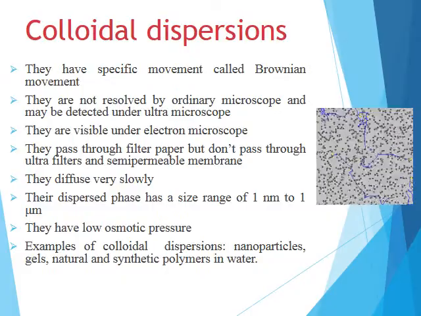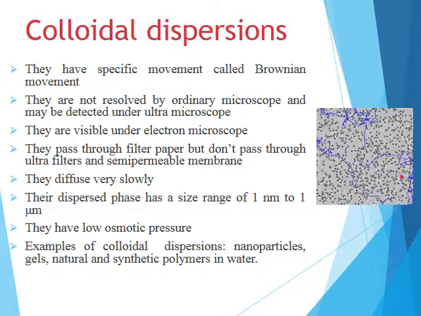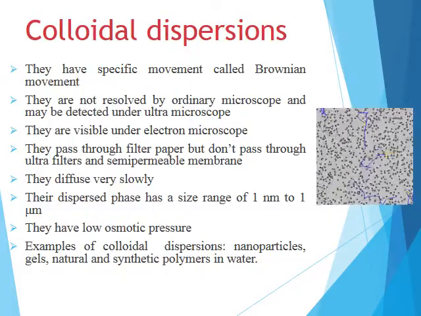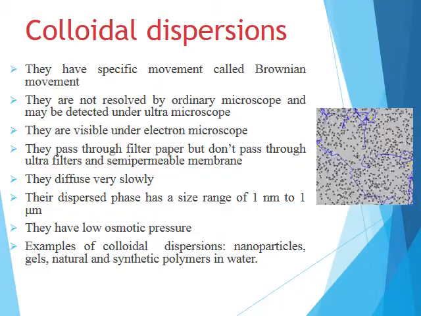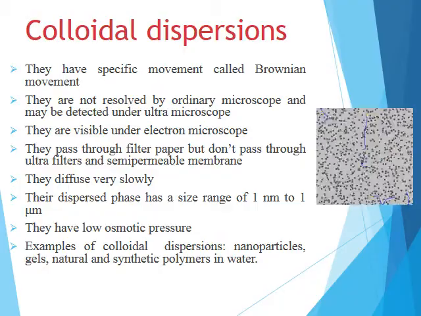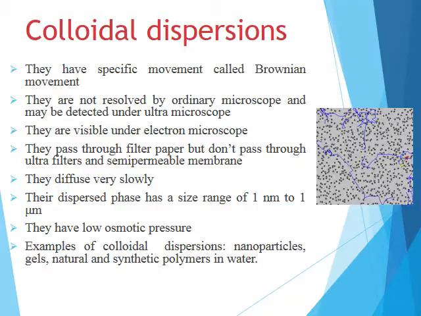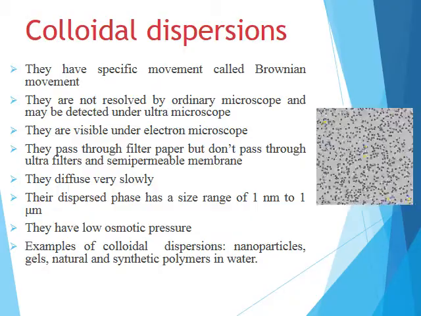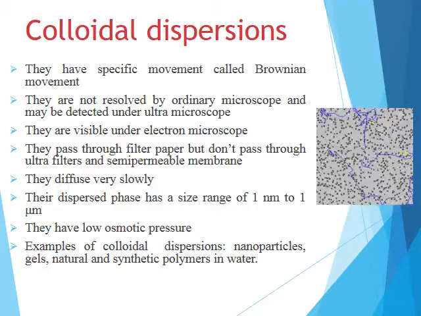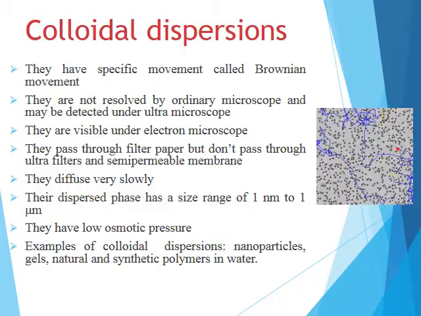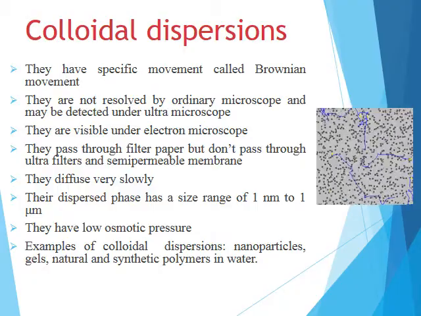This slide will show you the properties of colloidal dispersions. We probably need to talk about these properties because some of the emulsions, as I mentioned in the previous slide, like microemulsions or nanoemulsions, fall within the colloidal size range. The properties are the following.